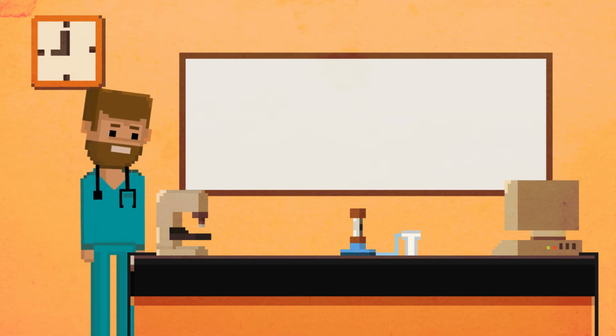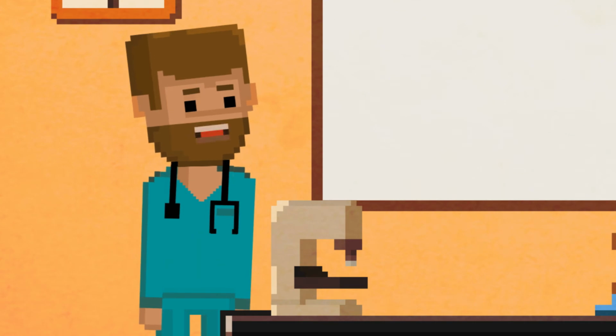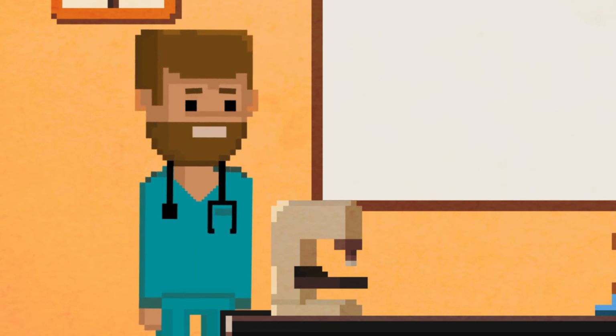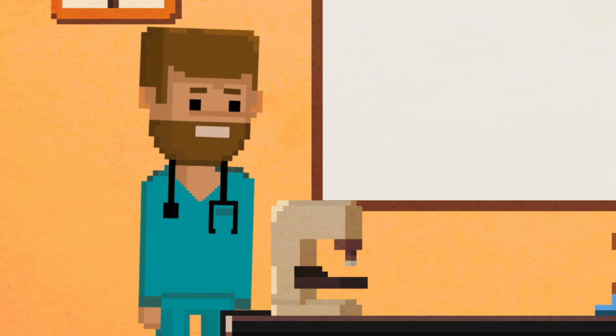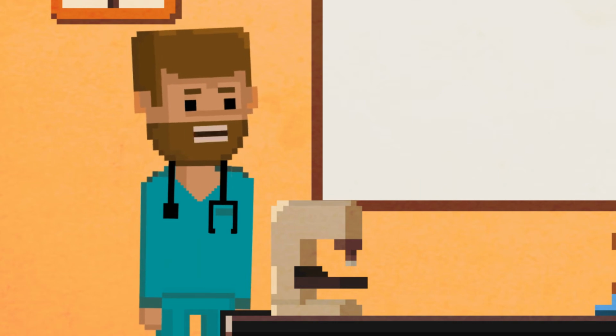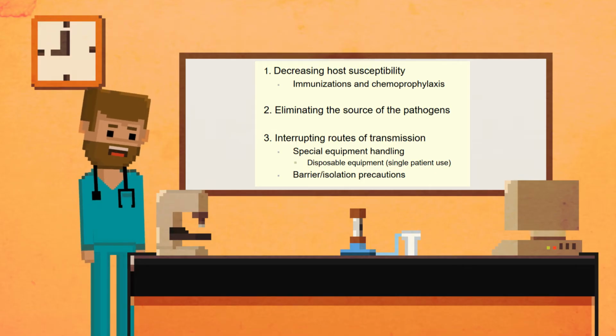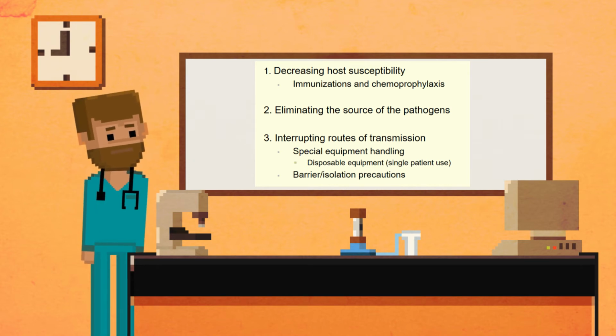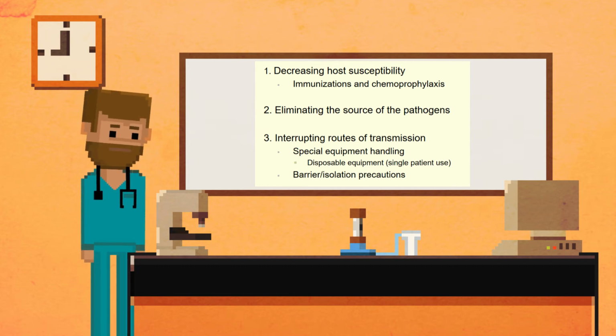All right, moving on. So let's talk about control methods. We're supposed to be able to list and describe the infection control methods to break the pattern of the spread of infection. So, the 3 things that we can do to break the pattern of infection are: number 1, decrease the host's susceptibility; number 2, eliminate the source of the pathogens; and number 3, interrupt the routes of transmission.